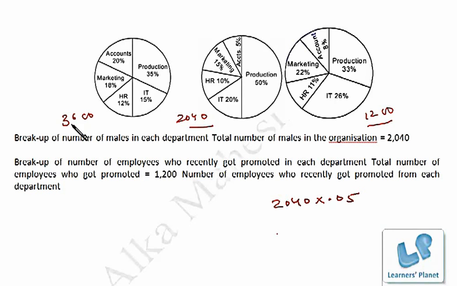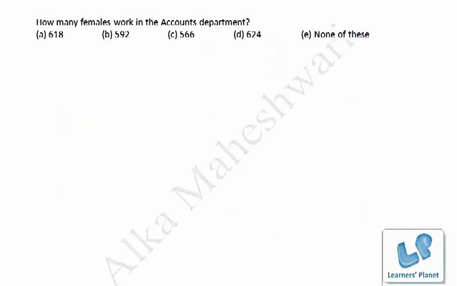So that's 720, right? So we just have to make this calculation. That's very simple. So out of 720, just deduct 102. So your answer will be around 618. Okay. So that's 618.